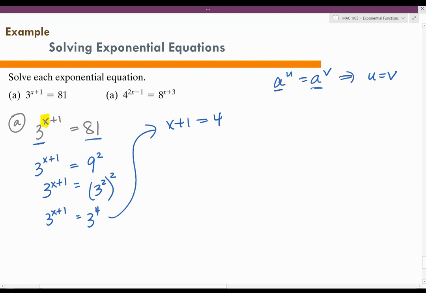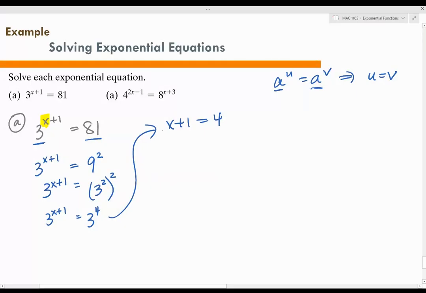Now, as you'll see, everybody's on the floor. Now that everybody's on the same level, you can solve like normal. So I'm going to subtract 1 from each side of my equation. And that's going to give me x equals 3. That's our answer for the first one. And we can always plug it in to check. We say 3. Let me change the color.